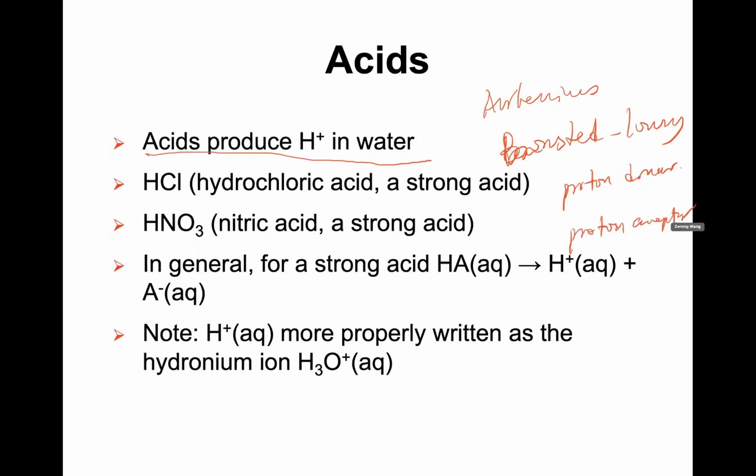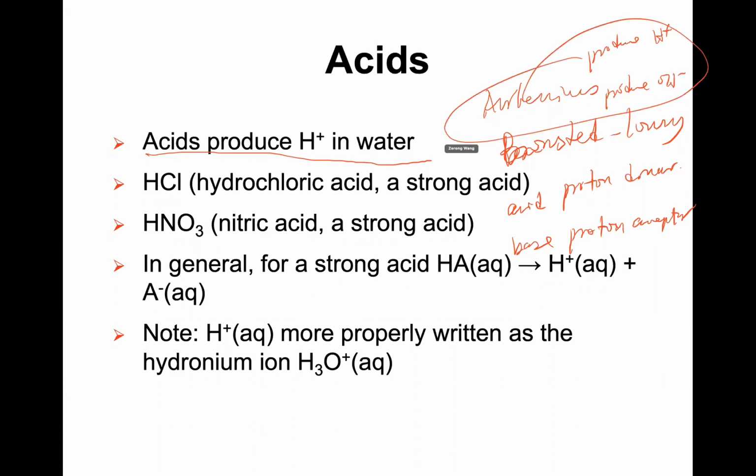So this is the base, this one is the acid. For the Arrhenius case, the acid produces a proton, and the base produces hydroxide, so this mostly applies to aqueous solution. The Lowry one is more general and can apply even in non-aqueous solution.